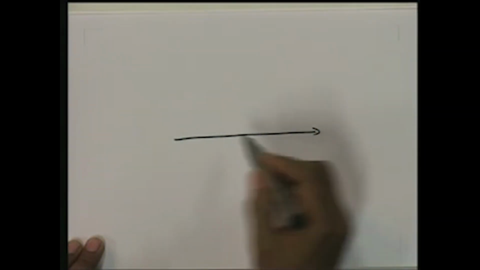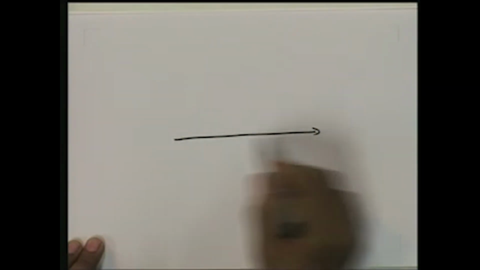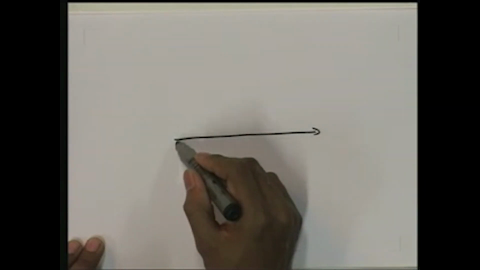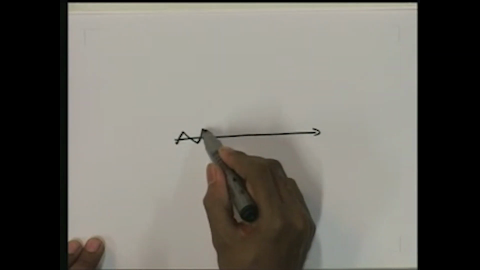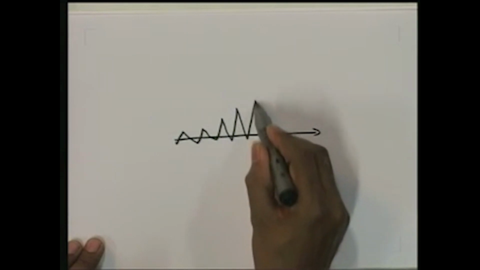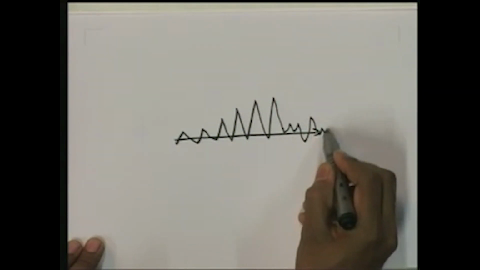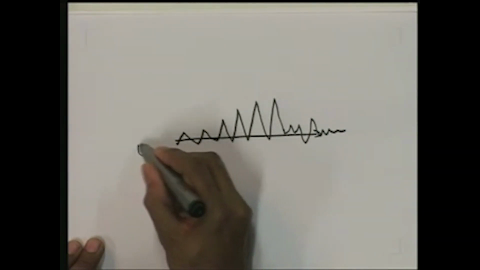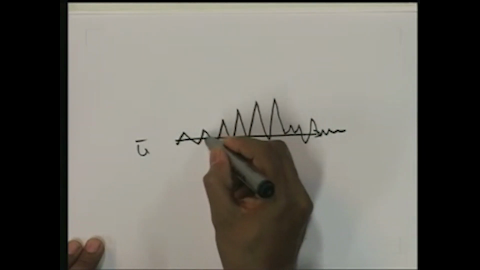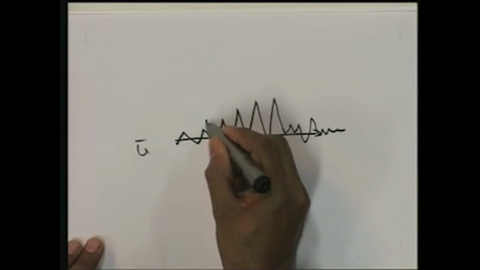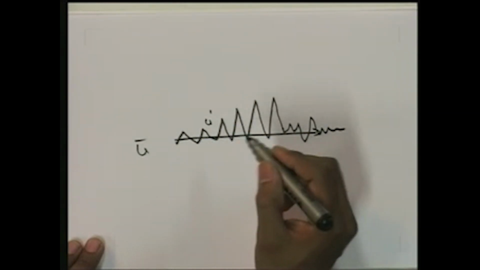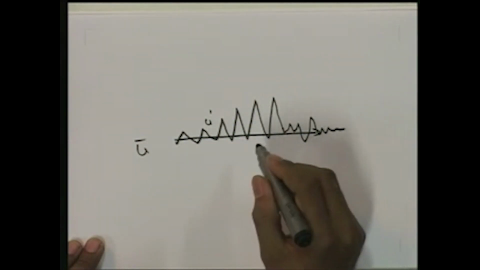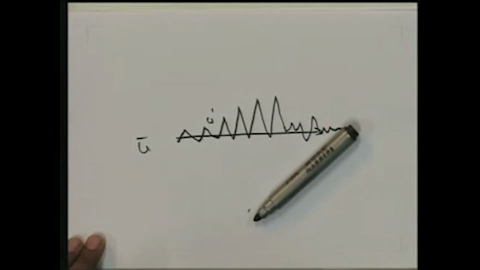Generally you can see that if this is the flow, let us consider the mean flow or the laminar flow with respect to this, and then we can superimpose the variations like this. That means we can consider a mean component of the velocity u bar, and then with respect to that mean component we can see the changes u dash, or the transition that takes place.